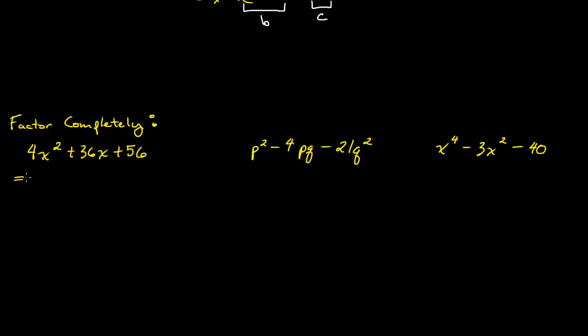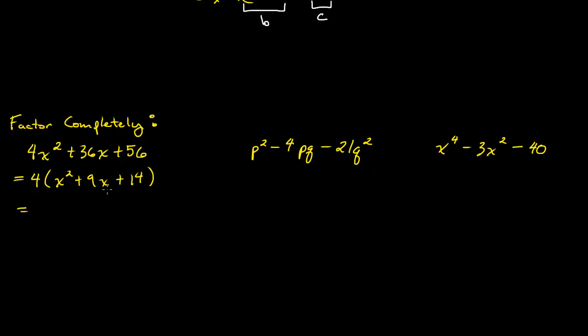We can factor 4 out to get 4 times (x squared plus 9x plus 14), because 36x divided by 4 is 9x and 56 divided by 4 is 14.